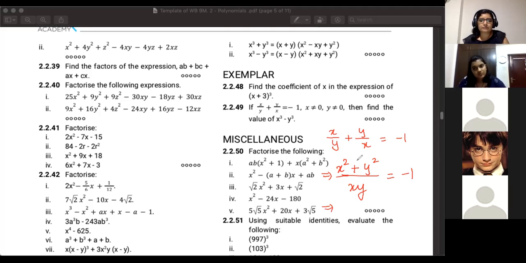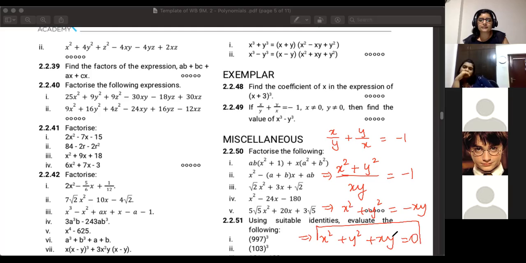So if I simplify this, I get x square plus y square is equal to minus xy. Matlab x square plus y square, if I transpose this, plus xy will be equal to 0. Okay, so this is one expression that we got. Now we have to find x cube minus y cube.